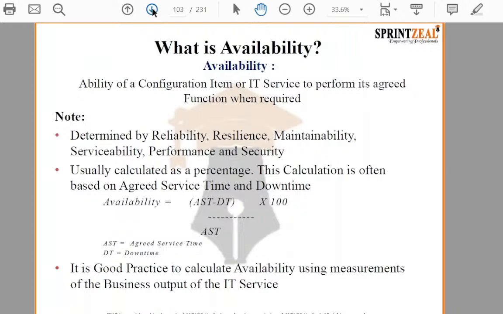That time would be the quote unquote downtime. And so based on that, they could calculate their availability for their system. And over time, they could do that. Got it. Okay, good practice to calculate availability using measurements of the business output of the IT service. Okay.